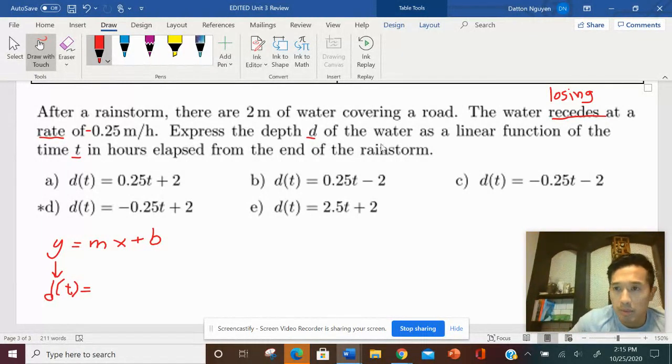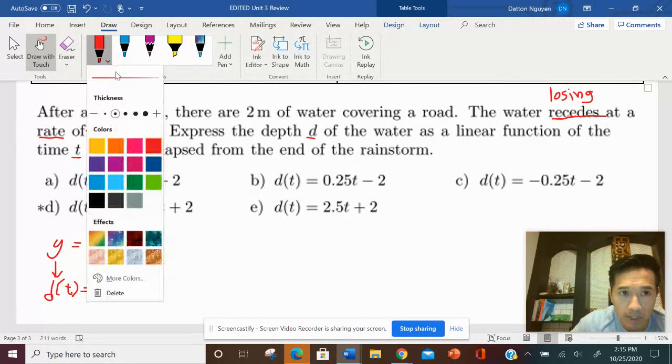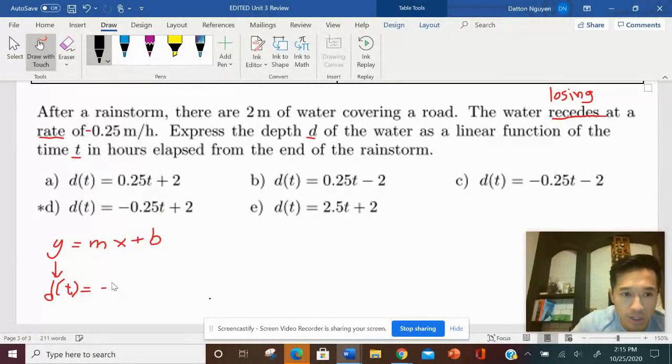The slope, remember the slope I told you is the rate, and it's up here. The rate is going to be negative 0.25, and my x, this is my slope, and this time the x is not x at all.